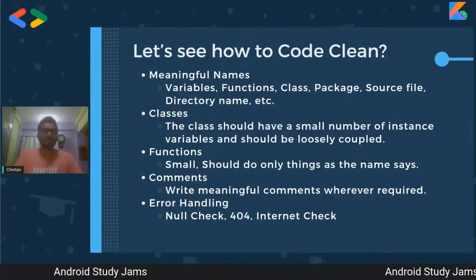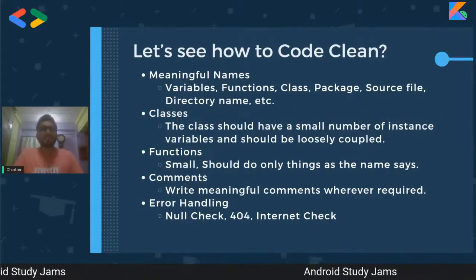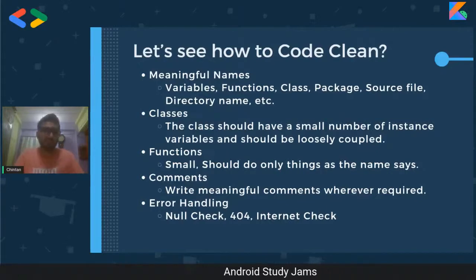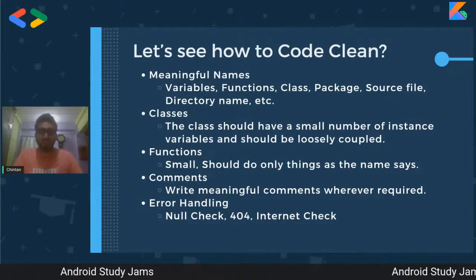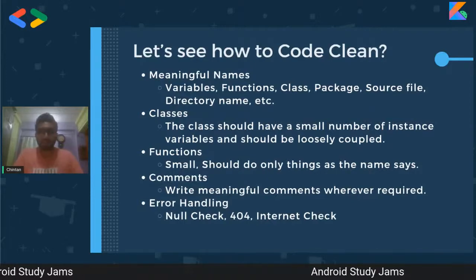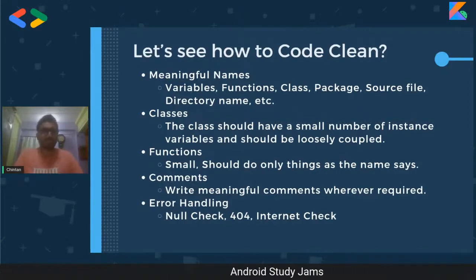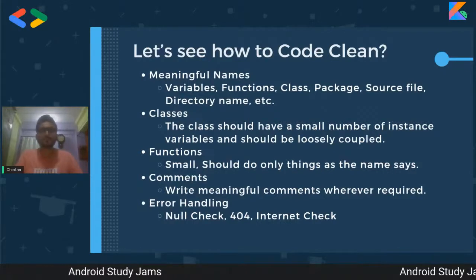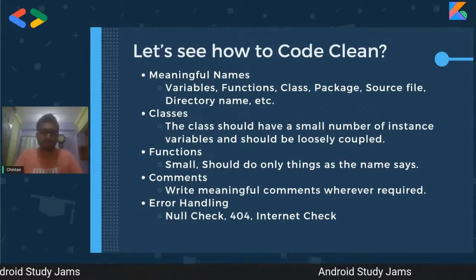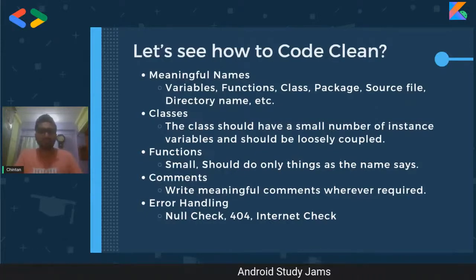Then come the classes. For classes, the name should always start with a capital letter. That should be the case while writing classes. Packages: while making an Android application, you have data classes and different utilities, like a function where your app checks the internet.